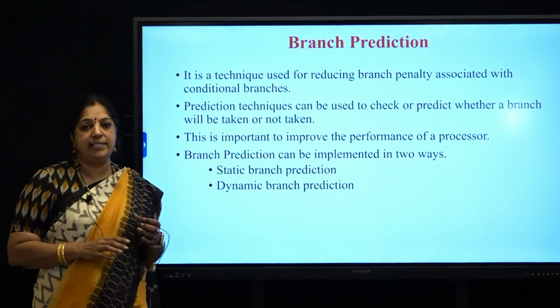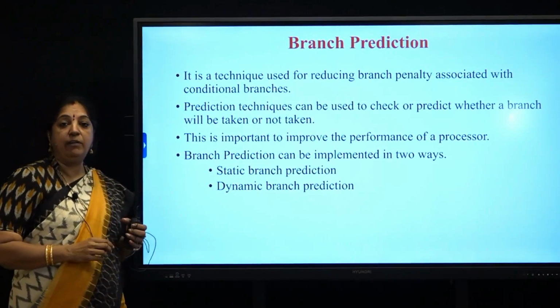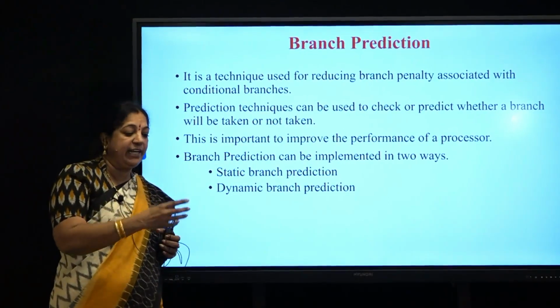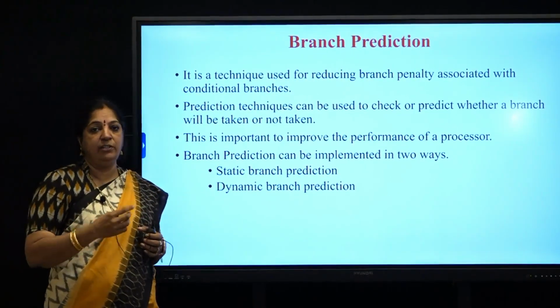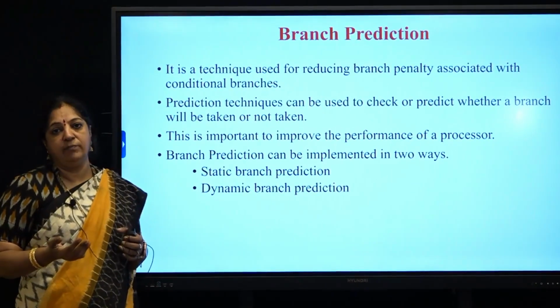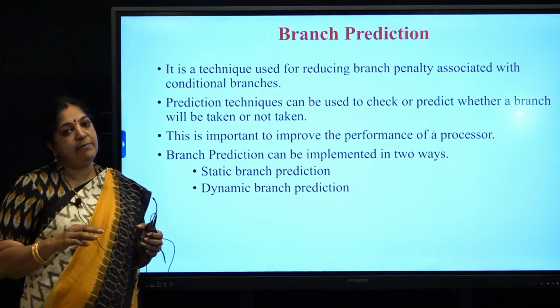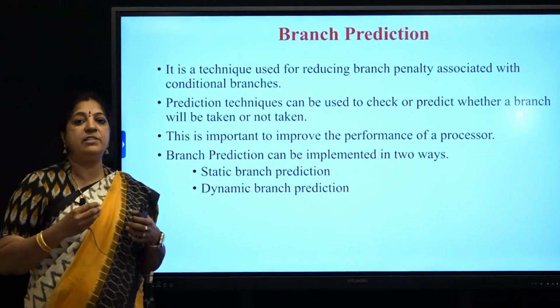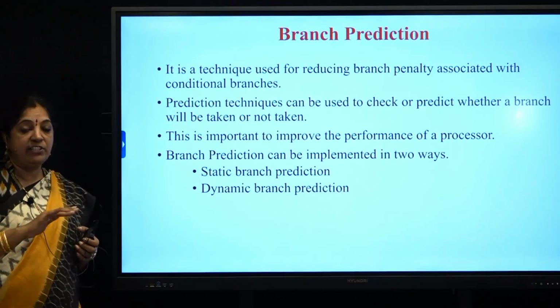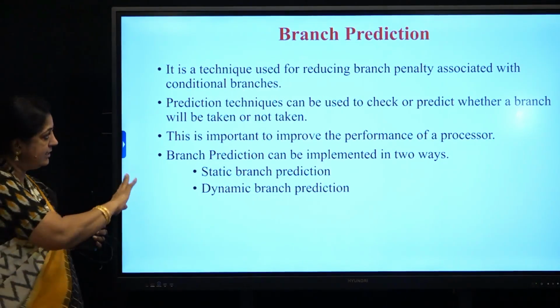Branch prediction is like when you are preparing for examinations: you predict that you may get this question in the examination, or you will not get this question. You may have your own logic, but you predict. Sometimes your prediction is correct, sometimes it is wrong. We are not using any machine learning algorithms here, just talking in a simple manner.